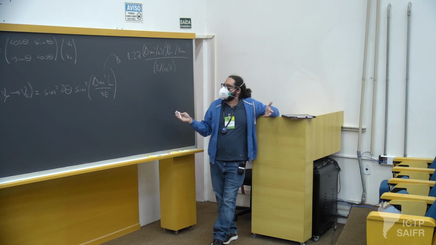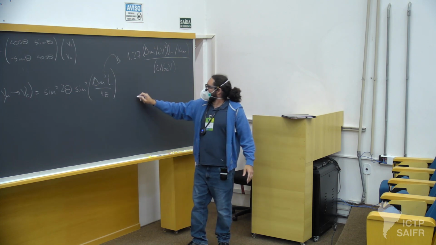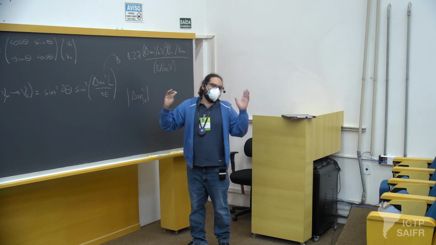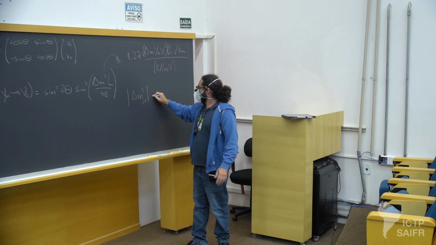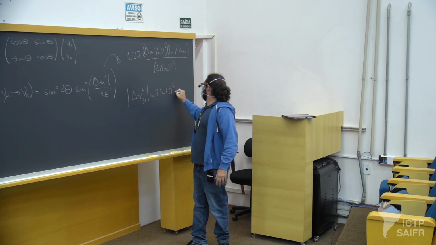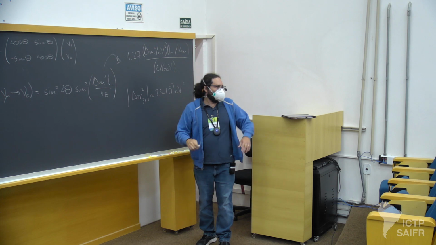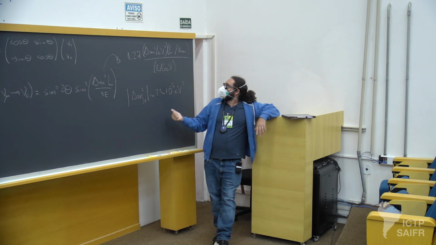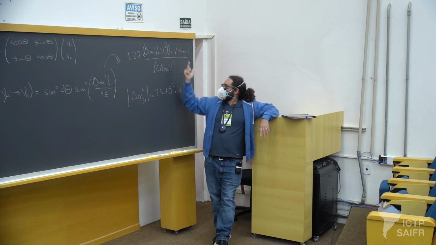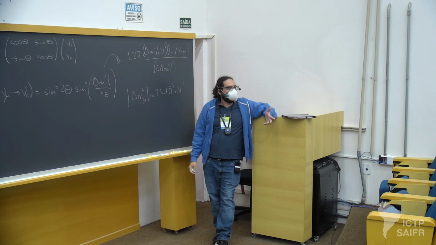Experimentally, we have measured that the delta m squared, the mass splitting between neutrino 3 and 1, at least the modulus of it, we don't really know the sign, is about 2.5 times 10 to the minus 3 electron volt squared, all right? So if we plug in numbers, for a 1 GeV neutrino, it will take on the order of 1,000 kilometers for this thing to oscillate.